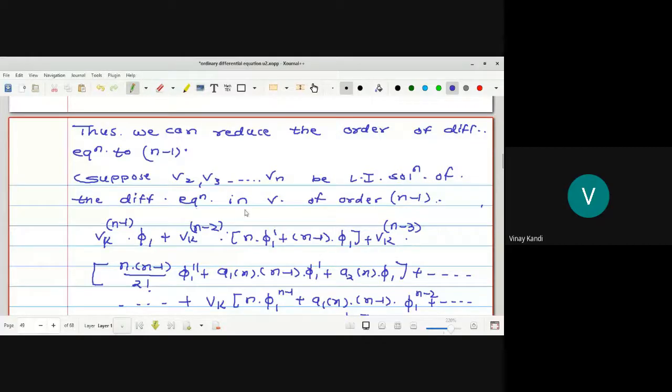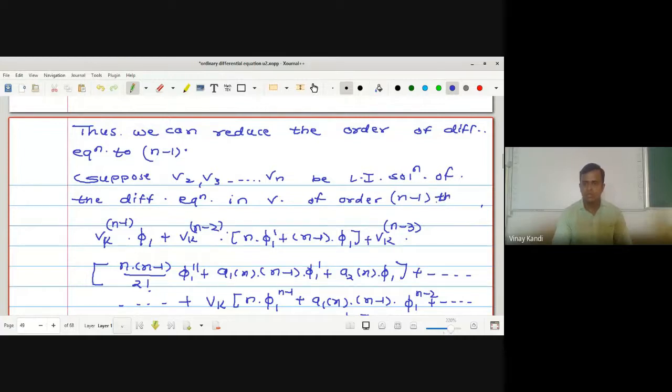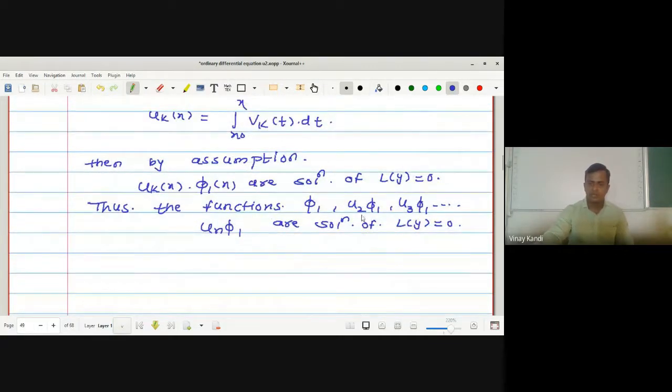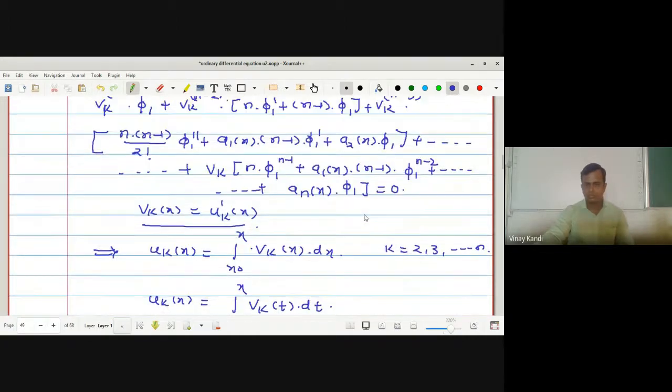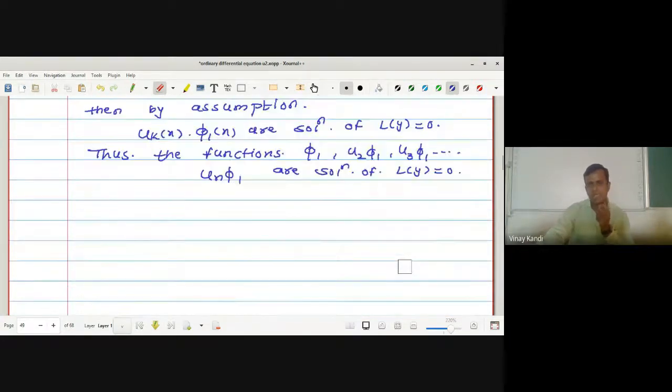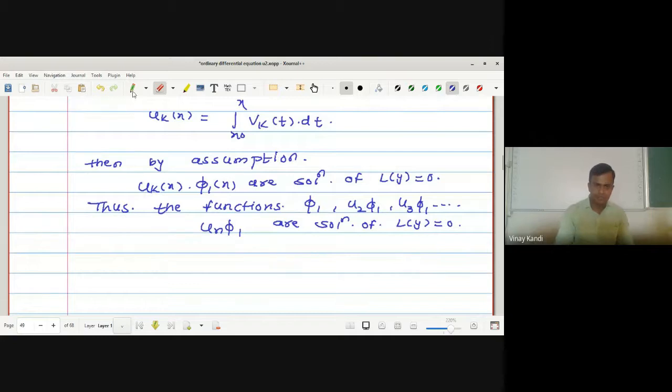Then v1 will be phi 1. Just remember this: by assumption, uk of x into phi 1 of x are the solutions of L of y is equal to 0.